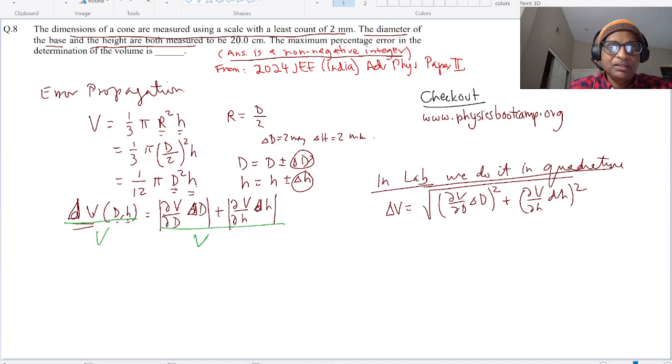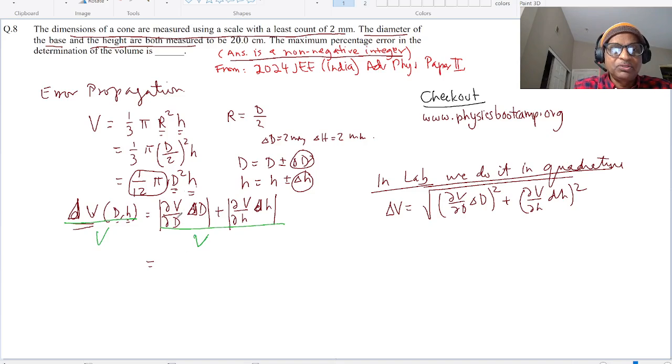You can work out the formulas here, and this constant, you really don't have to worry about, because that constant is going to cancel out from top and bottom.